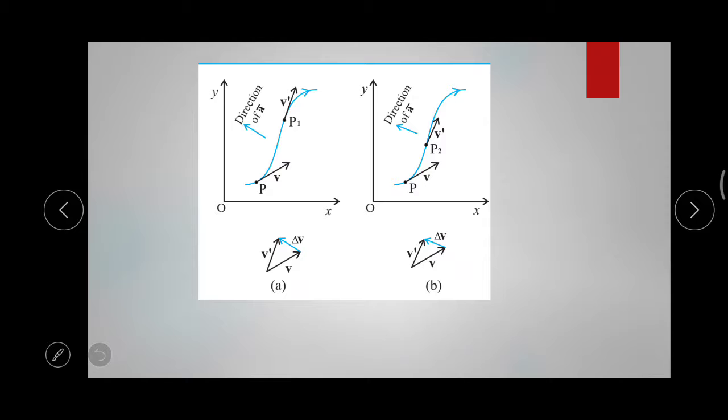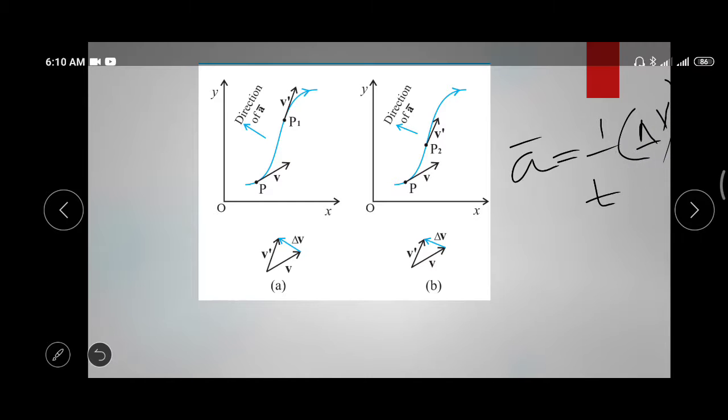Now the direction of the acceleration. Actually, as we know, the average acceleration is equal to delta v by delta t. So we can write that as the average acceleration equal to 1 by t of delta v, where delta v has a direction, but 1 by t is actually the time, which does not have any direction.